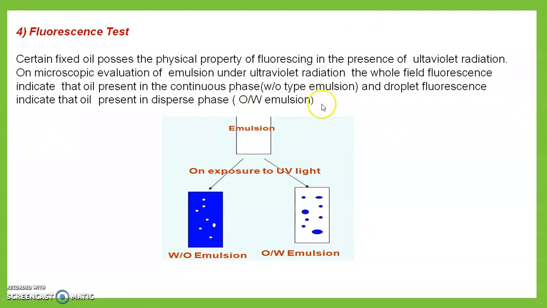If such an oil is used in the emulsion, in an oil-continuous emulsion the whole oil shows the specific kind of fluorescence, but in an O/W type of emulsion, oil is in the droplet phase, and only the droplets show the fluorescence.